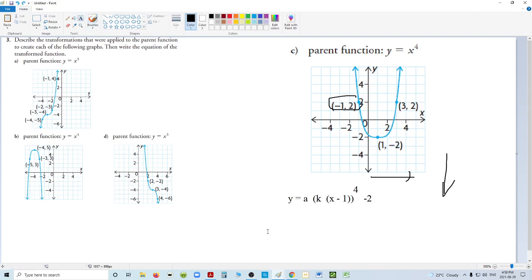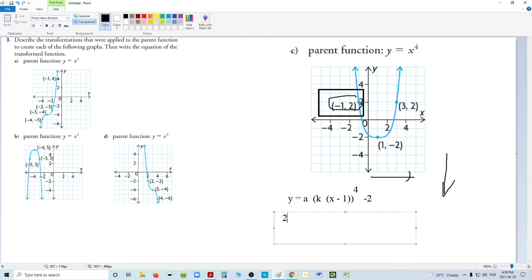Wherever I see y, I'm going to take this value here, and I'm going to plug it into the equation I have so far. I know my y is 2. I don't know my a. I don't know my k, but I do know my x is minus 1, and it's going to be subtracting 1, and it's going to be to the power of 4. So I'll just have to remember that, and I'm going to be subtracting 2.